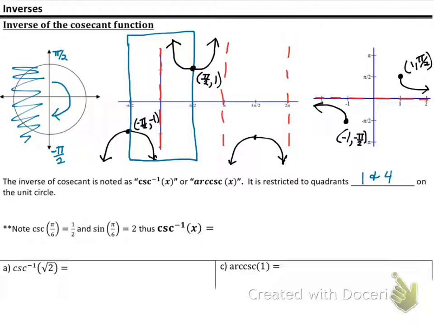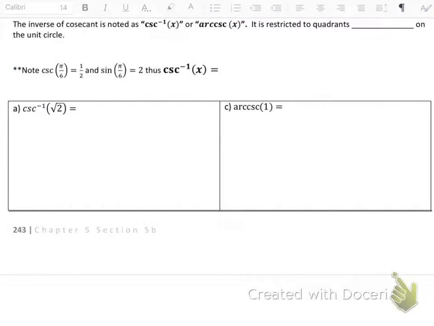So that's our graph of our cosecant inverse function. And we're relegated to quadrants 1 and 4, and surprisingly it's really important that it shares the same quadrants as sine inverse. Because what that's going to allow us to do is come up with this really important rule. As a little note, cosecant of pi over 6 equals 2 and sine of pi over 6 equals 1/2.